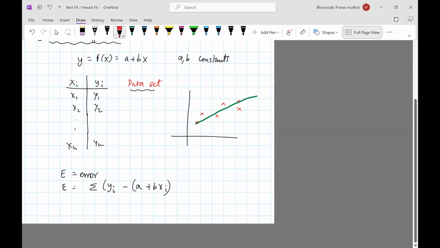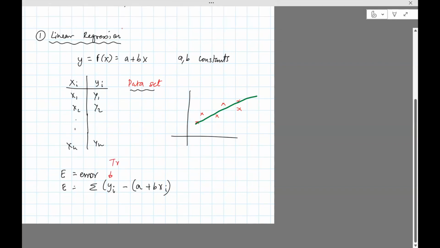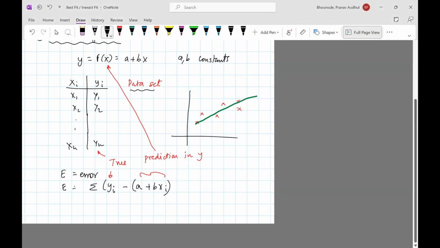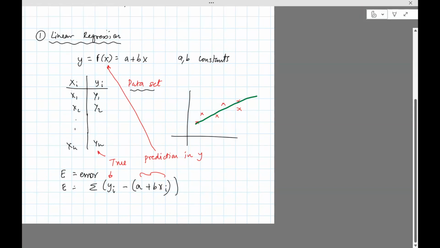So this is the true value, which we got from the data set. And this is the prediction in y, right? It comes from this formula. And we do this for all the data points, all the way from 1 all the way to n.